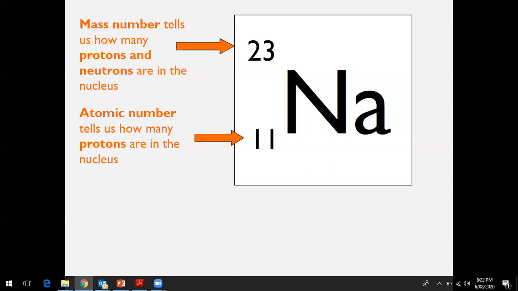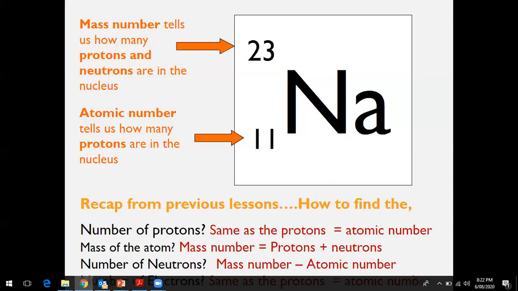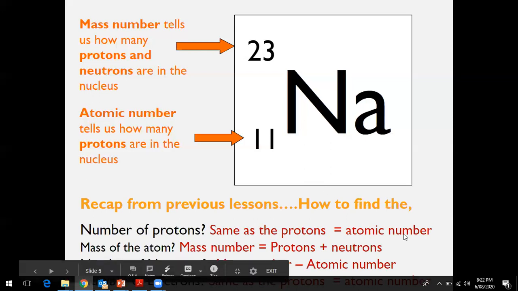So in other words, if it has an atomic number of 11, the number of electrons in it would be 11, and the number of protons in it would be 11 as well. So can you now find the number of protons? The number of protons is the same as the number of electrons and the atomic number. So it's 11 here. So the number of protons would be 11.